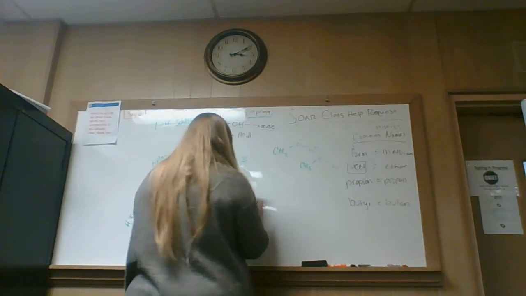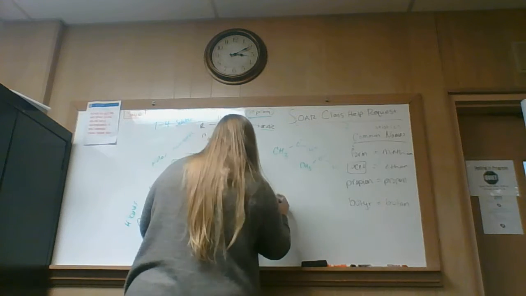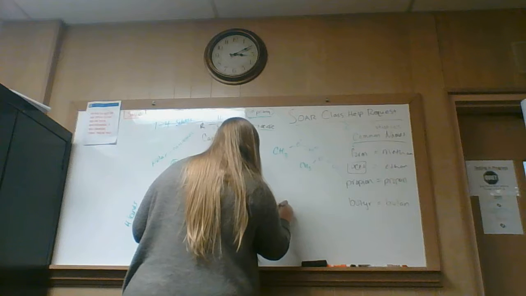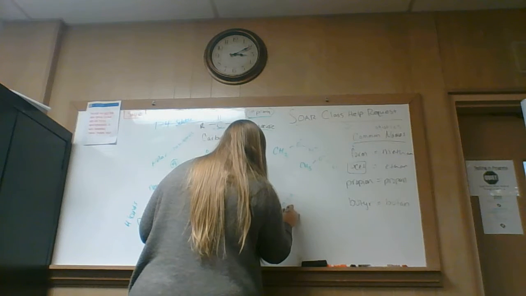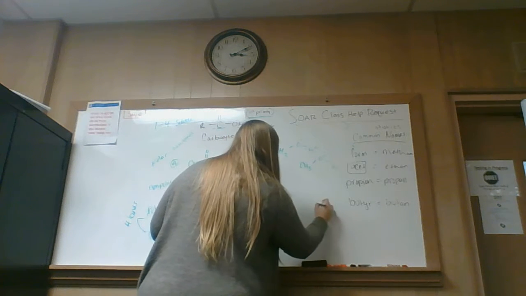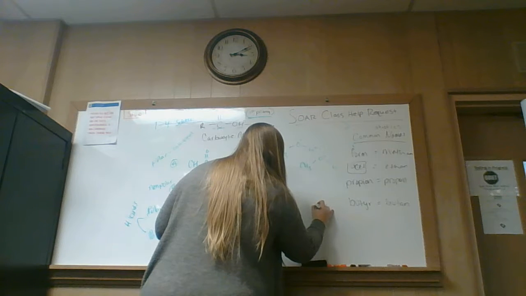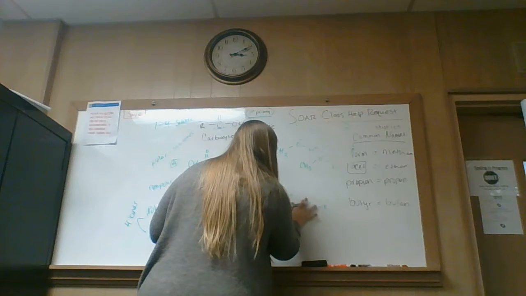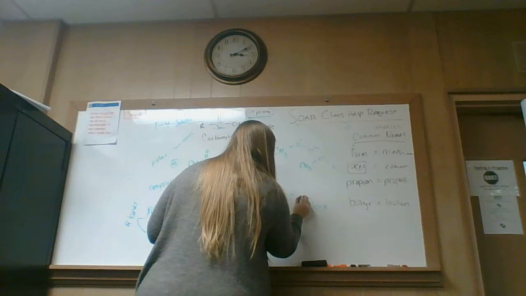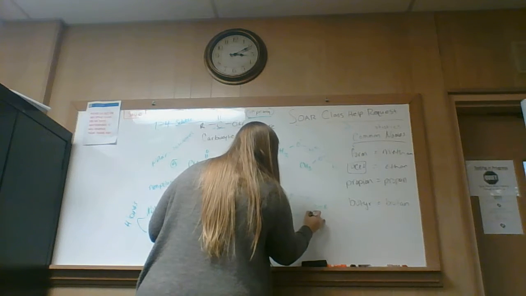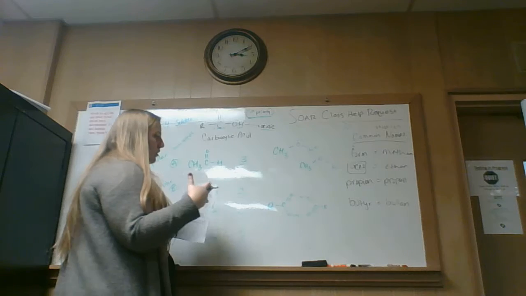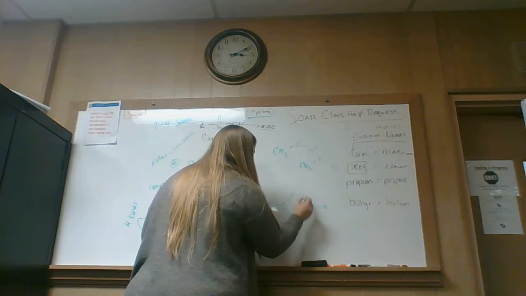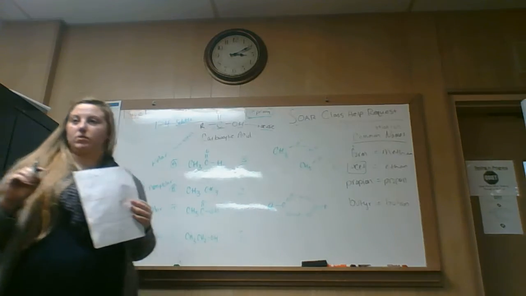If we have a carboxylic acid, essentially, we make it possible for 2 hydrogen bonds to form.